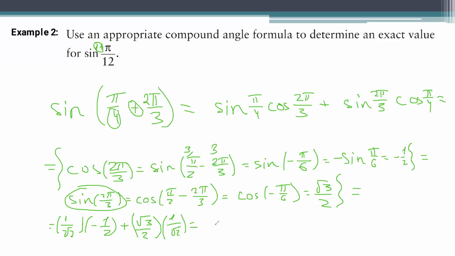It equals negative 1 over 2 square root of 2 plus square root of 3 over 2 square root of 2. So as a result, square root of 3 minus 1 over 2 square root of 2. This is the exact value for sine of pi over 12.